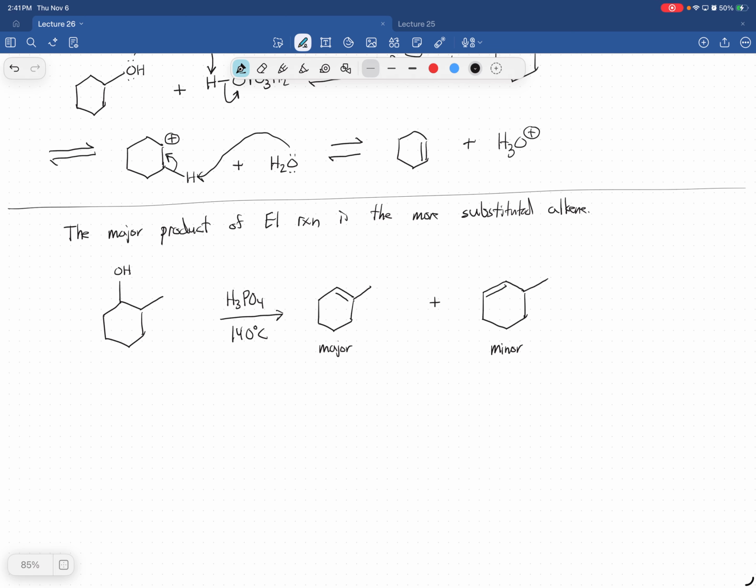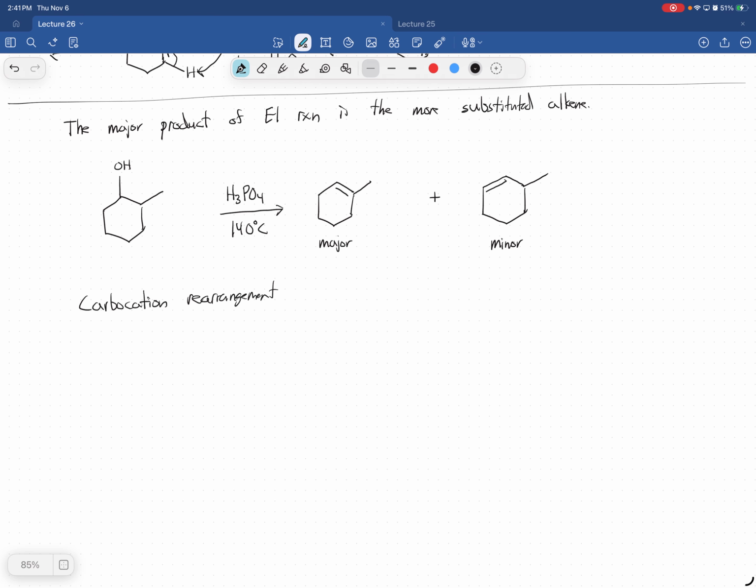The problem with these reactions is that you'll have carbocation rearrangement. That's totally possible too. So say you have this starting material, and you use phosphoric acid again, under 140 degrees Celsius.